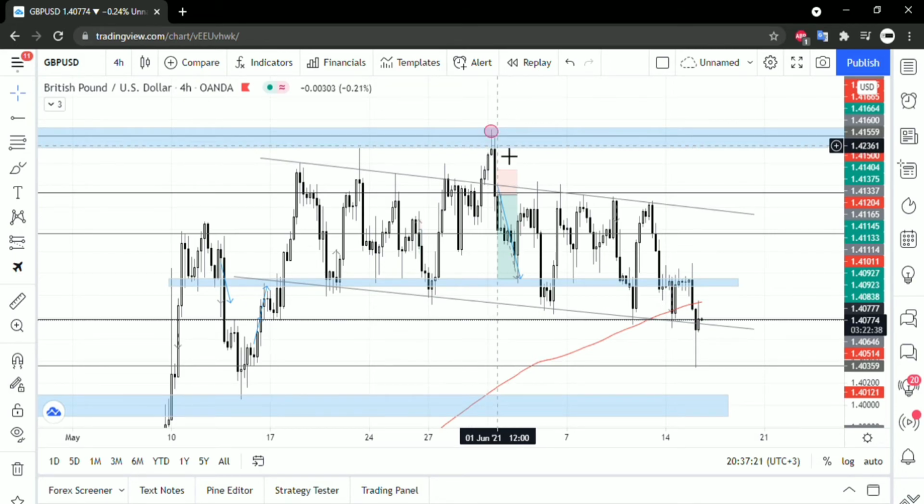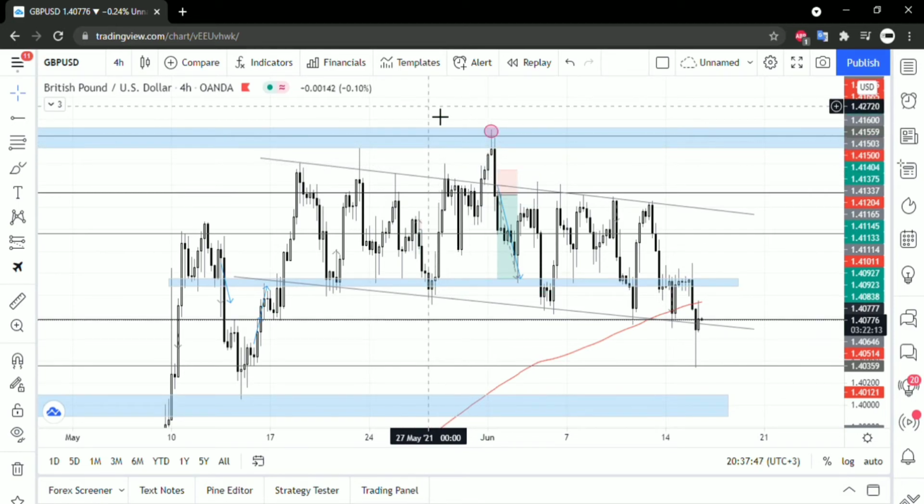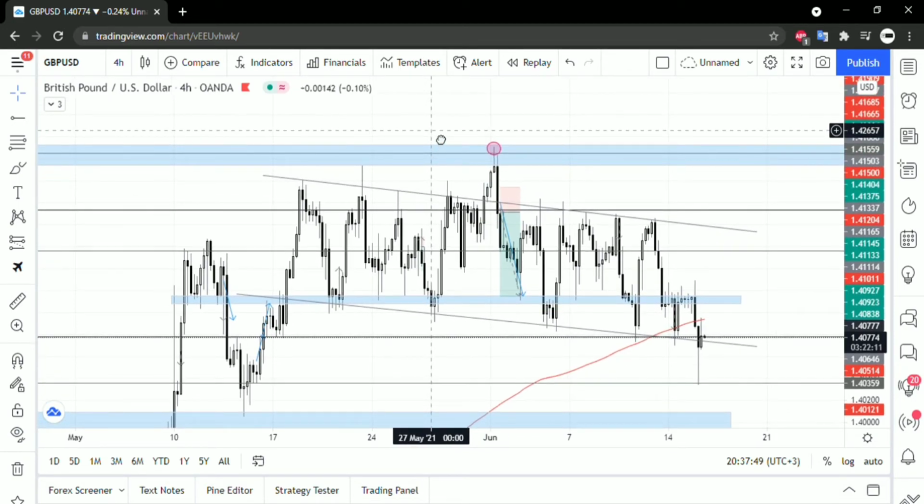As we noticed here, once it formed this bearish hammer, it fell quite a couple of pips and we were able to catch this trade. We caught 41.90 minus 41.16, so that's about 74 pips. So whenever you notice this candlestick pattern appearing near a key resistance level, know that the pair is probably about to reverse.